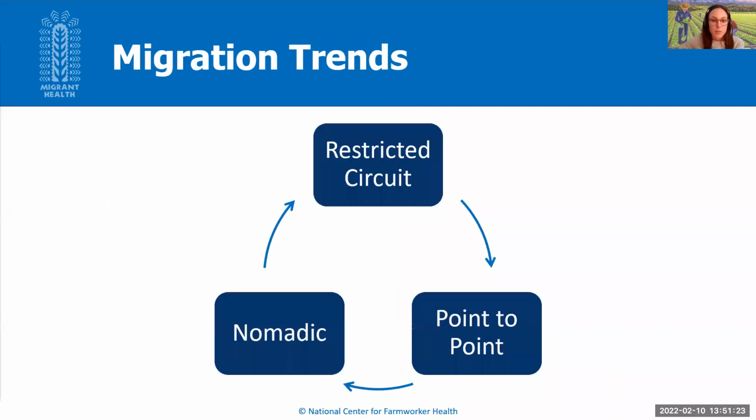So to wrap up this section before going on to some of those occupational risks that I was alluding to, there are a few traditional patterns of mobility with this population. There is restricted circuit migration. These ag workers follow crops in one area and are centered around a home base. So they move to work, but they come home frequently.